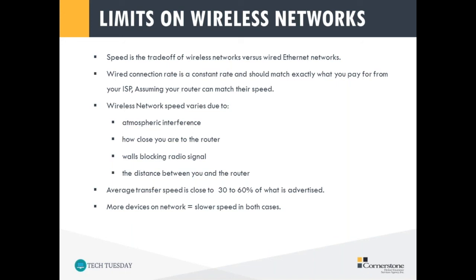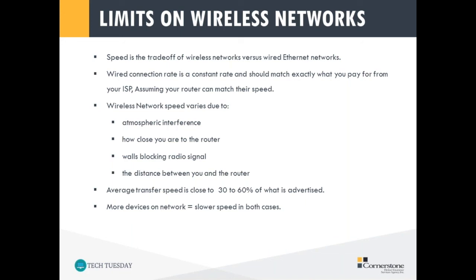Wireless network speed varies, however. This is due to atmospheric interference, how close you are to your signal source or your router, the different thickness and different types of walls that could be blocking your radio signal between your router and your device, as well as the physical distance between the two.